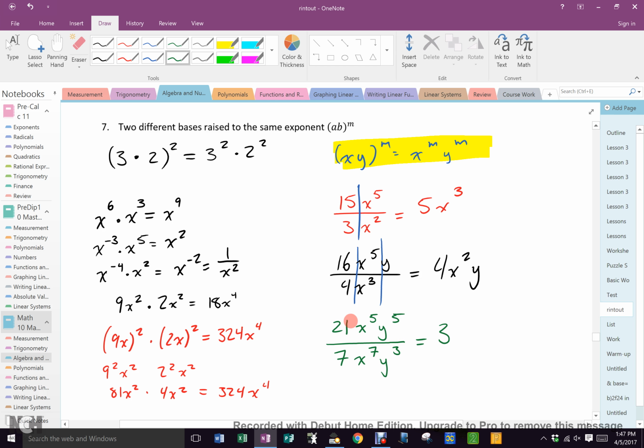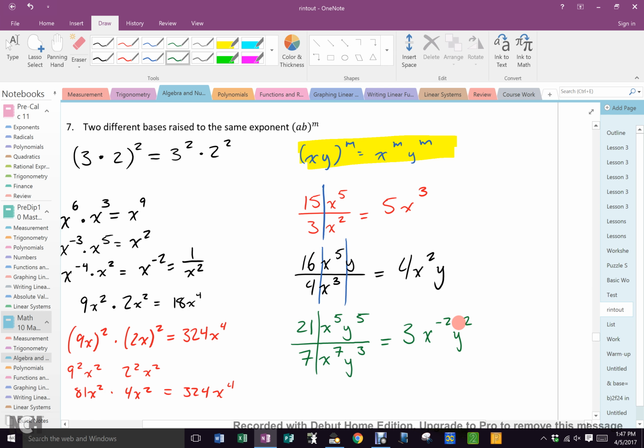Three, because numbers go with numbers. 3x. What's 5 minus 7? -2. And what's 5 minus 3? +2. What isn't allowed? The negative exponent. Where does it have to go? To the other place. If it's on the bottom, it has to come up. If it's on the top, it has to go down. 3y squared over x squared. Is everybody cool with that?